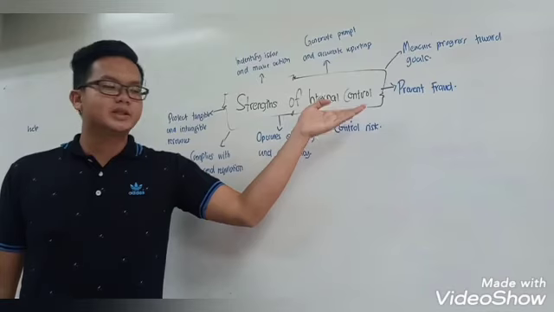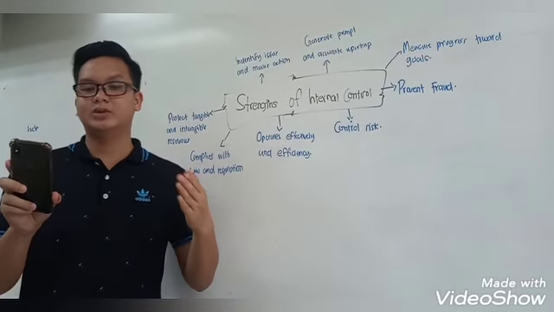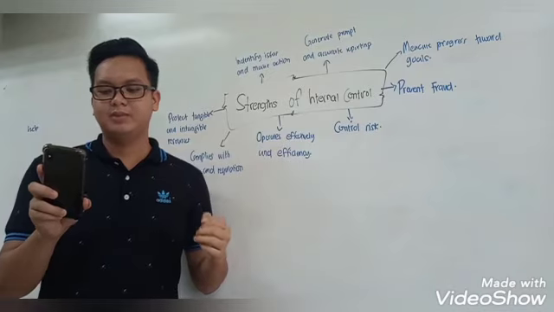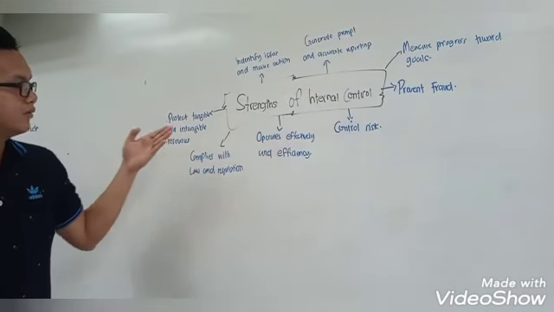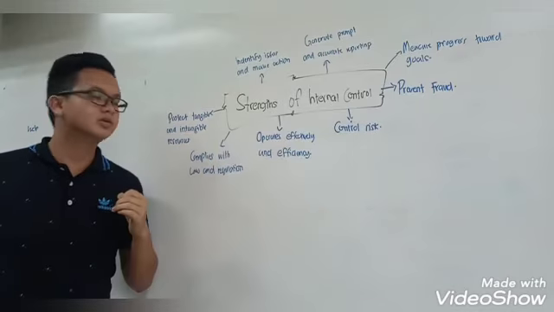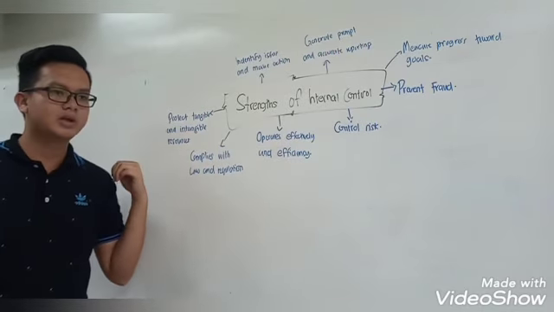Strength of internal control. Control means the power to influence or direct people's behavior or the course of events. The first strength of internal control is protecting tangible and intangible resources.